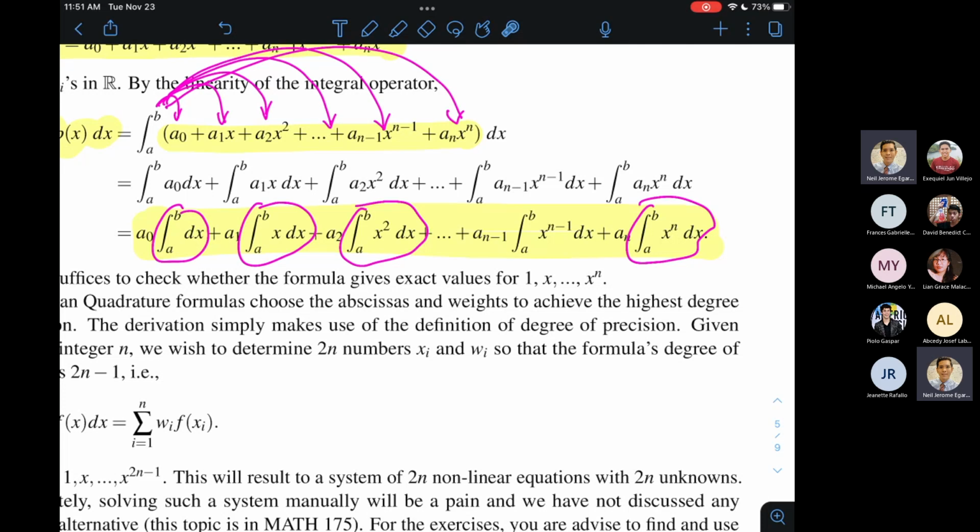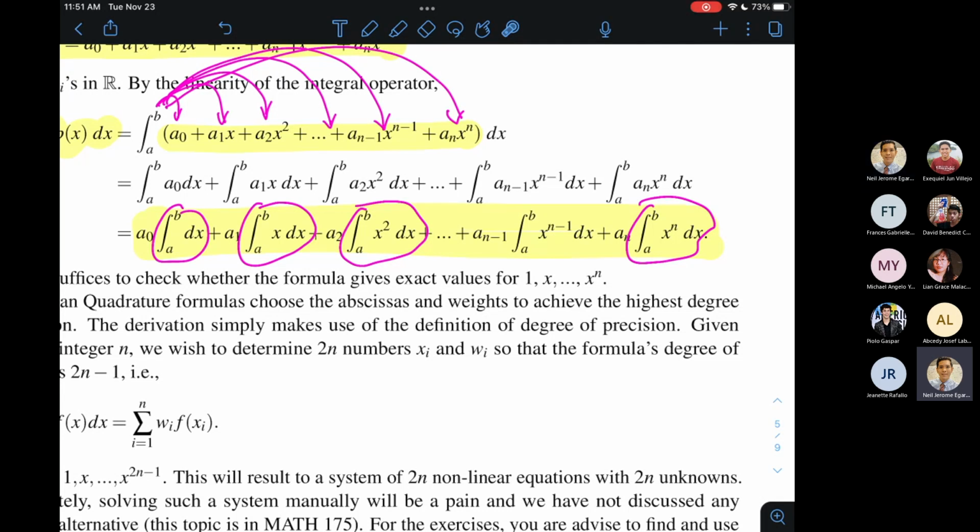Unlike the Newton-Cotes formulas where we can use any arbitrary set of x's, sa Gaussian quadrature rules, kailangan piliin natin yung mga x sub i's precisely with their associated weights so that we can achieve the highest degree of precision. Tapos yun yung gagawin natin. And the derivation, as you will see in a moment, is actually based on solving a system of nonlinear equations.